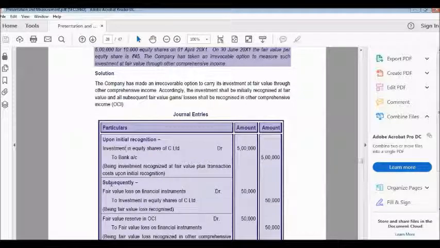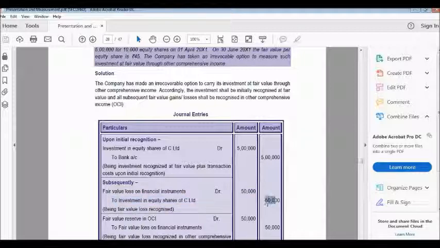Then subsequently, because the fair value has changed to 45 rupees, you have to recognize the loss. So fair value loss on financial instrument account debit to investment in equity share of C Limited. That 5 rupees loss, 5 into 10,000, will be 50,000.